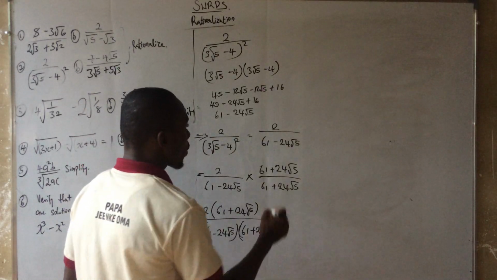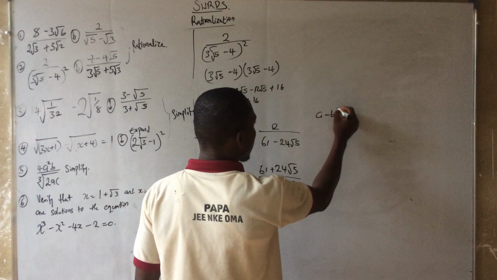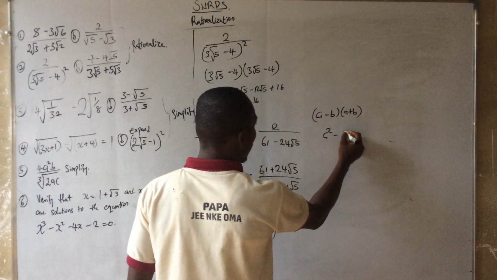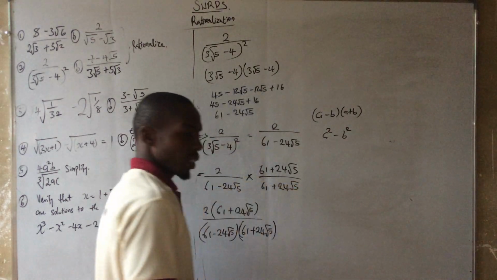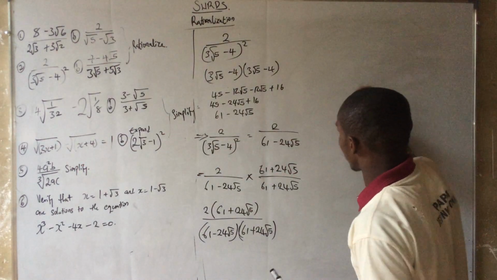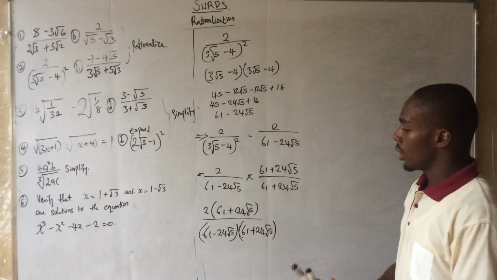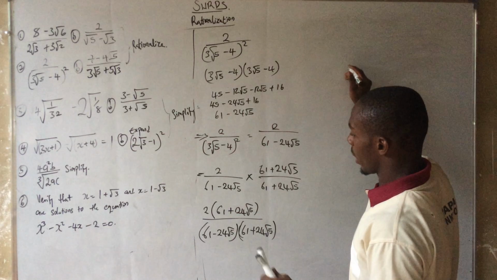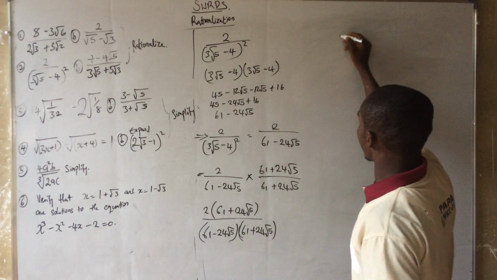Remember, when it is in the form of a minus b, a plus b, we just use a square minus b square, which is the difference of two squares. So to save us more time and more stress, we ensure that we call in that idea.